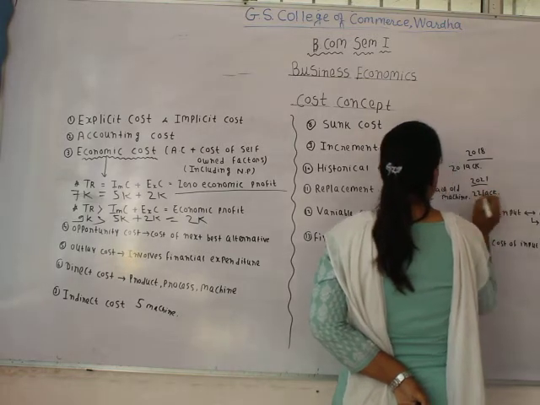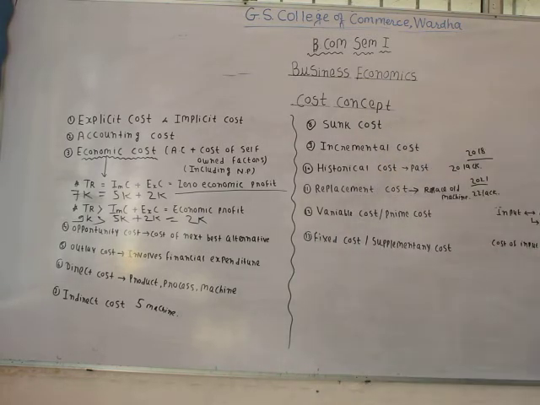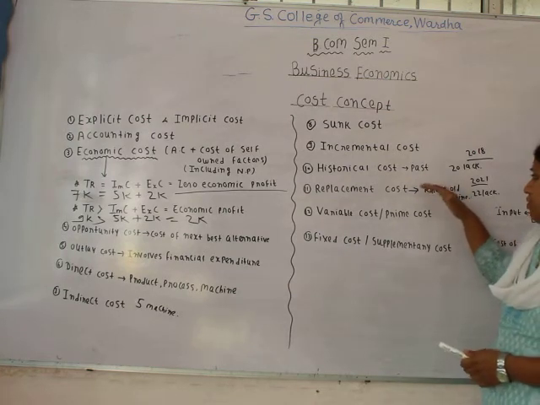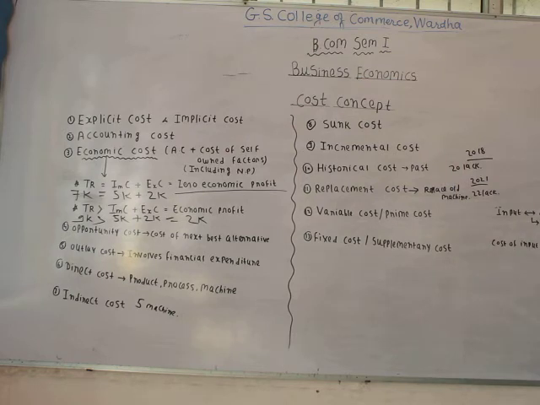Again, it's due to price fluctuation. Because when you want to replace this machine, you would have to incur 22 lakh. It's all because of price fluctuation, so you will always find some difference between the historical cost and the replacement cost.